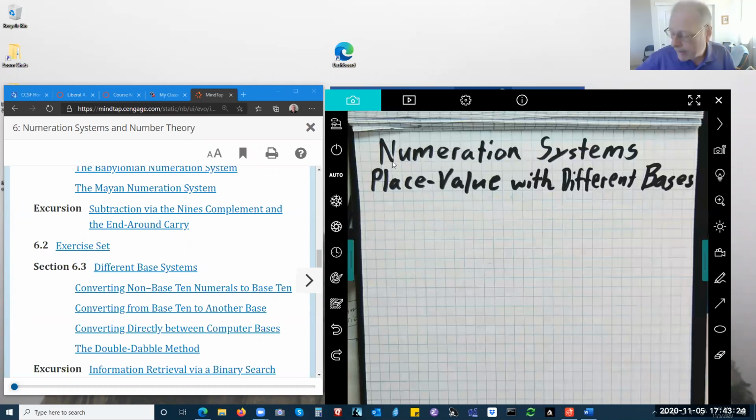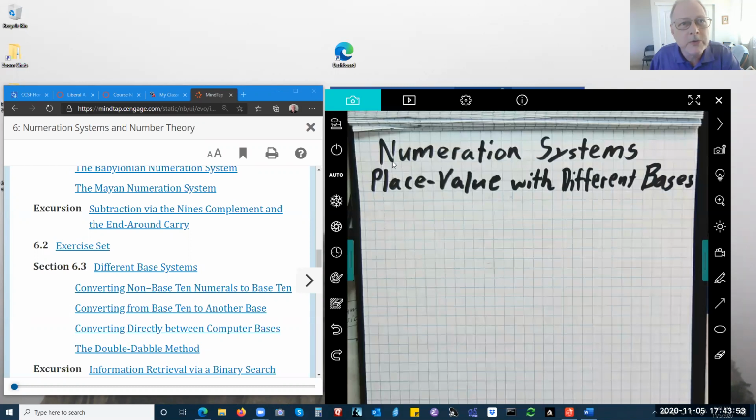Okay. Now, your familiar system is this Hindu-Arabic base 10 place value number system. But for some other purposes, especially with computer science and digital electronics, other base systems, 2, 8, and 16, have proven more useful.